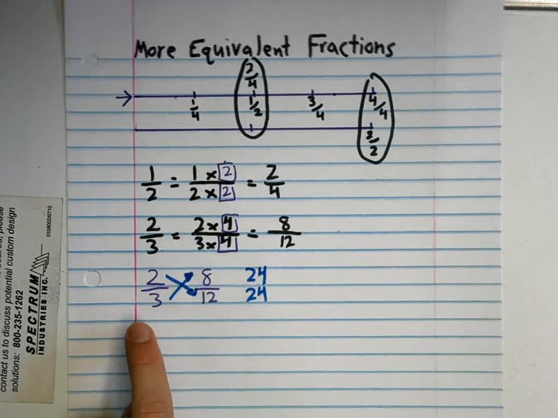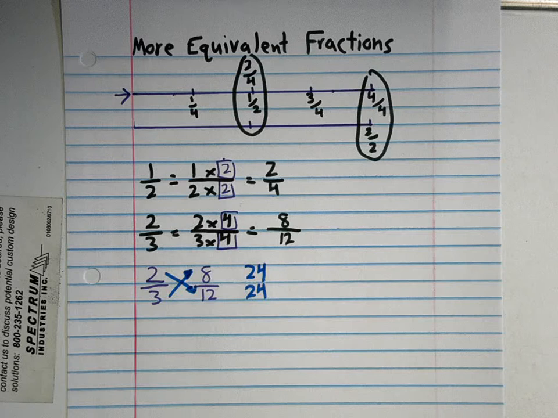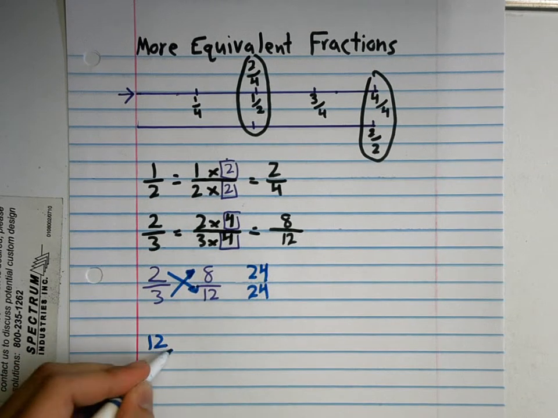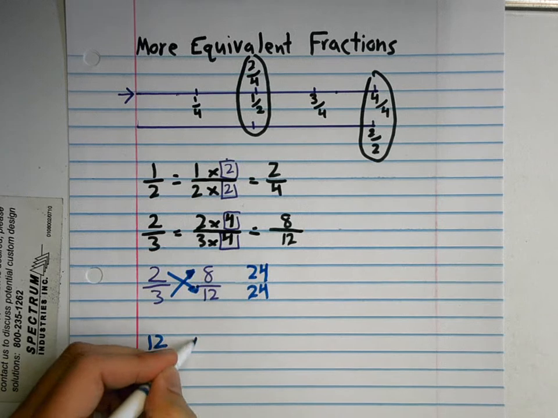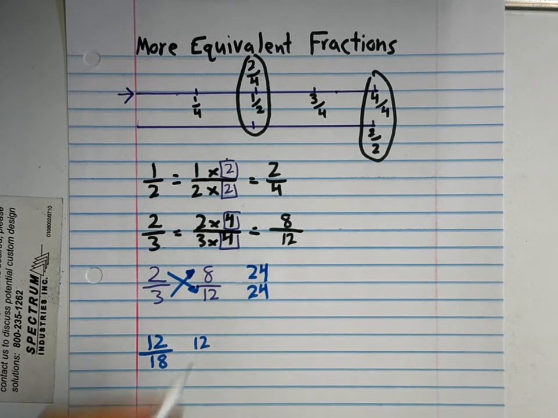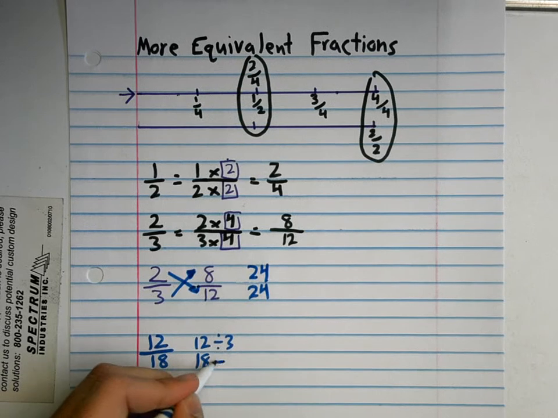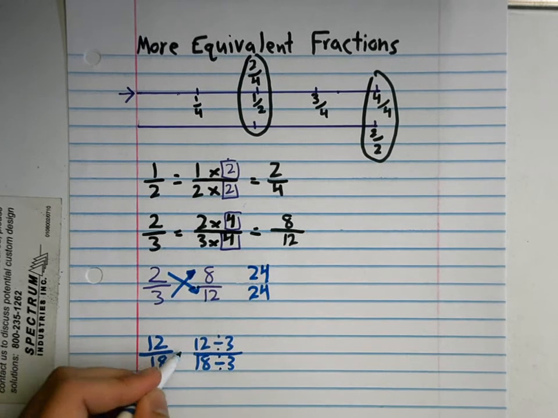But guess what? I'm not done yet. Because we're going to find problems today where we divide as well. So I'm going to say 12/18, 12 divided by 3 and 18 divided by 3.